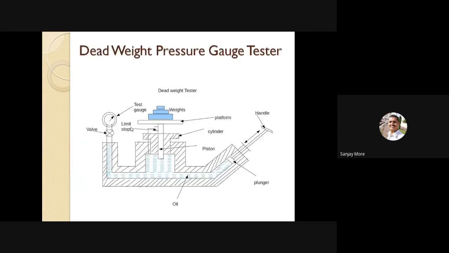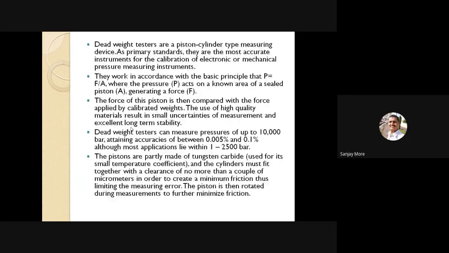Here, see the description. DWT testers are a piston cylinder type measuring device.